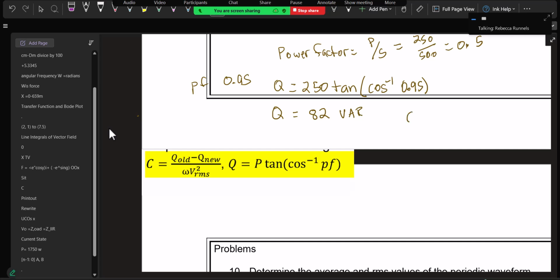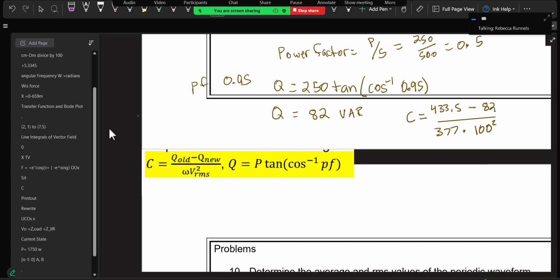So then the capacitor that I need is going to be 433.5, which was my old Q, minus my new Q, which is 82, over omega, which was 377, times V RMS squared, which was 100, right?